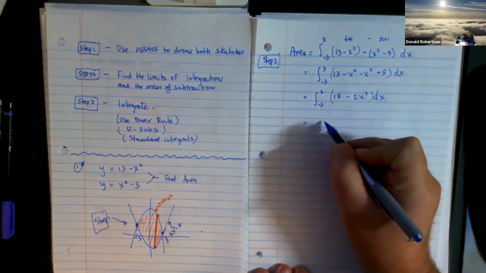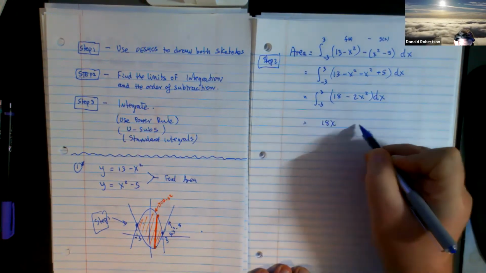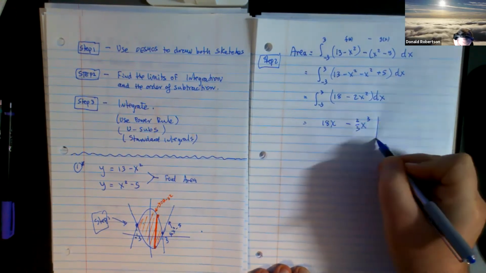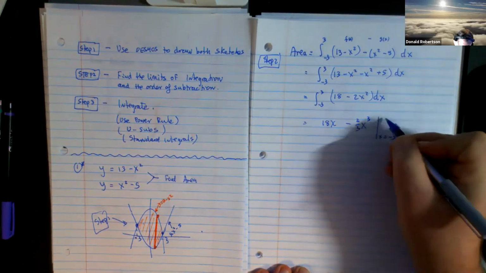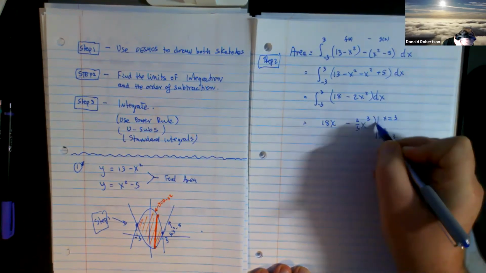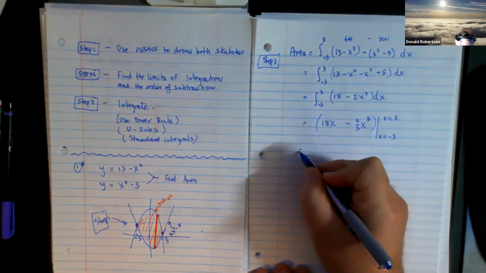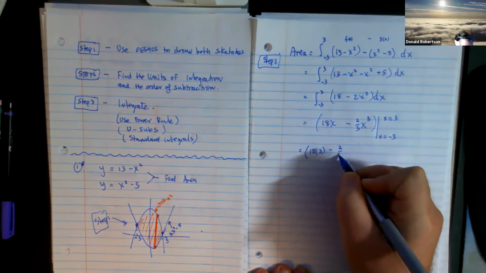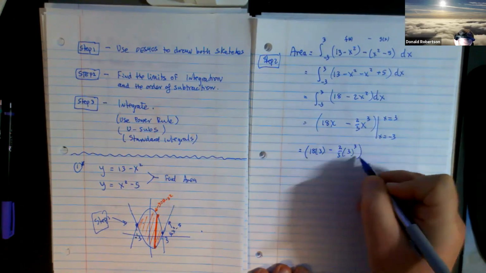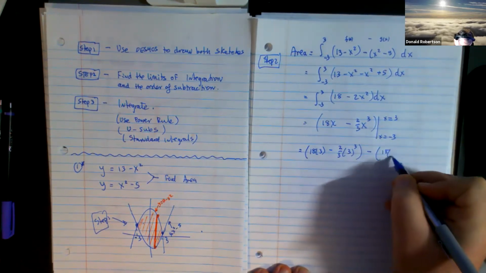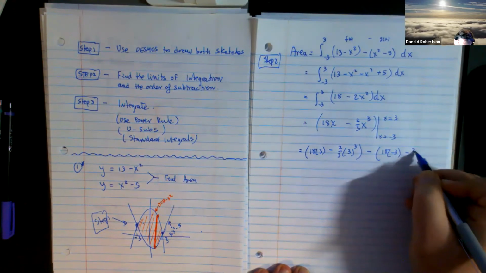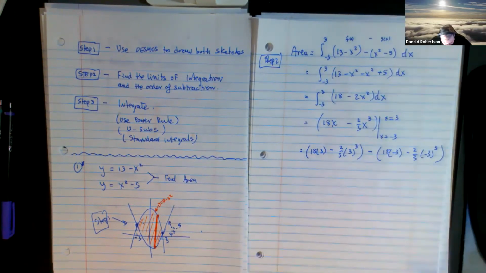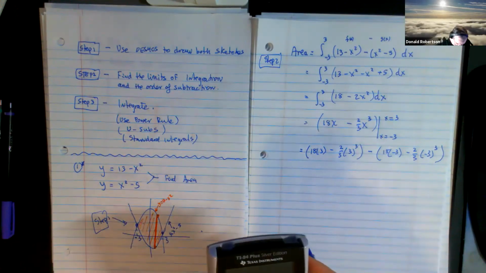Right, power rule, 18, 18x. Add 1 to the power, divide by the new power. Evaluate at -3 and +3. That gets me 18 times 3, take away 2/3 of 3 cubed, minus 18 times -3, take away 2/3 of -3 cubed. That's what calculators are for.